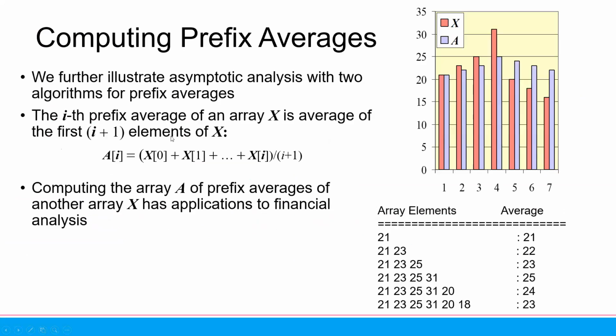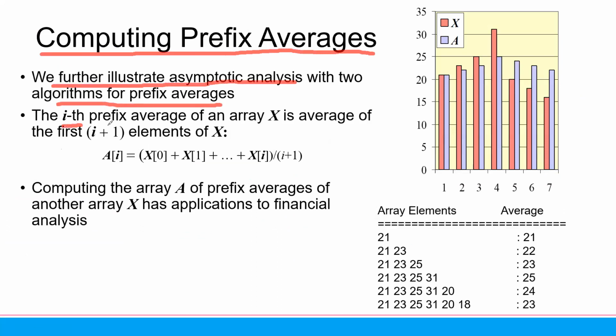Now we have another problem. We want to compute prefix averages. What does it mean by prefix averages? We further illustrate the asymptotic analysis with two algorithms for prefix averages.